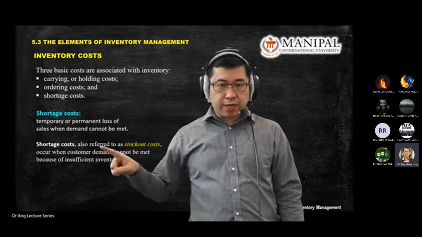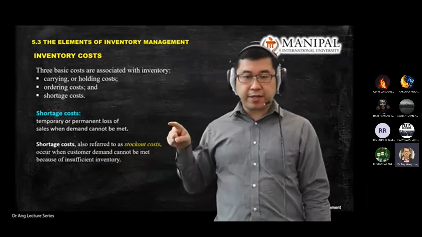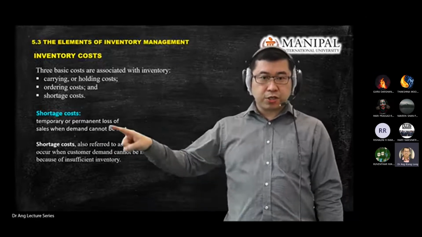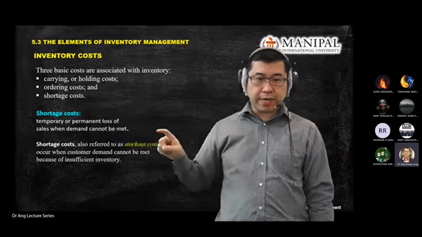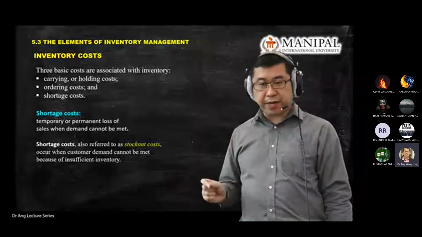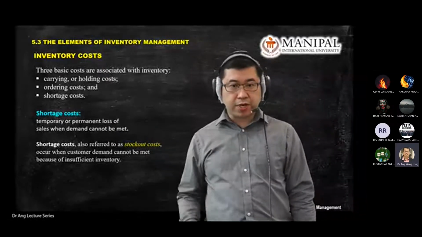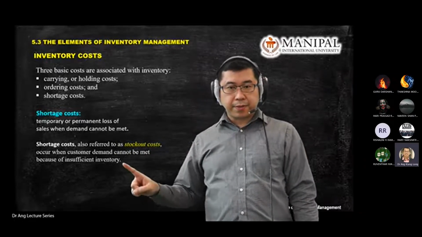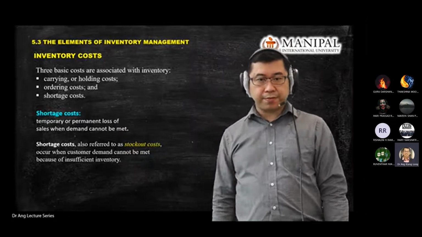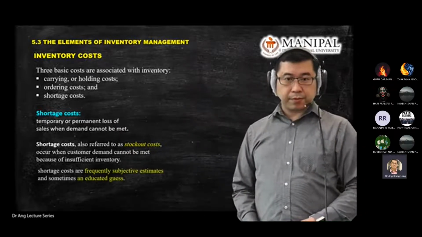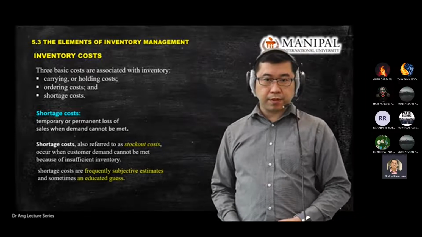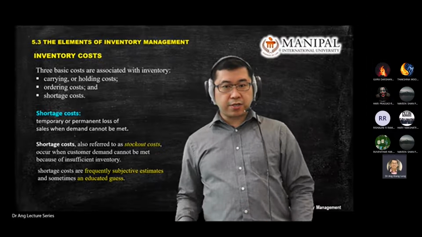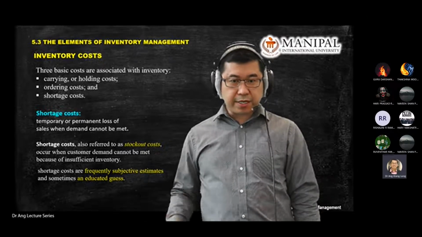In other textbooks, sometimes they call shortage costs stock out costs. Maybe in financial terms, they will put it as stock out cost. Same meaning as what I explained just now. Shortage cost is very subjective.